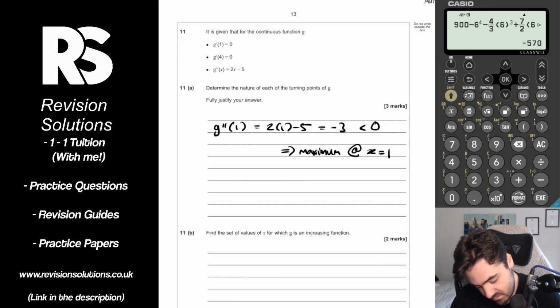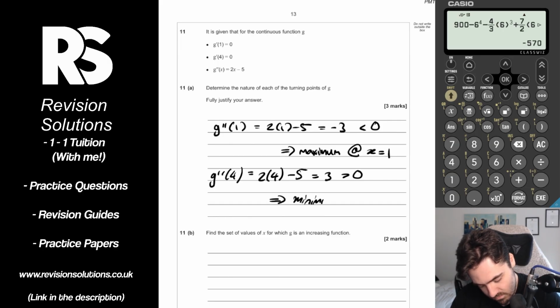And then if we do the same process now for the 4, g double dash of 4, that's 2 lots of 4 minus 5, which gives us positive 3, which is greater than 0, and that implies there is a minimum at x equals 4.